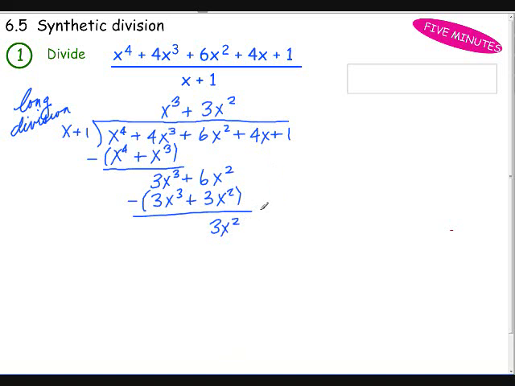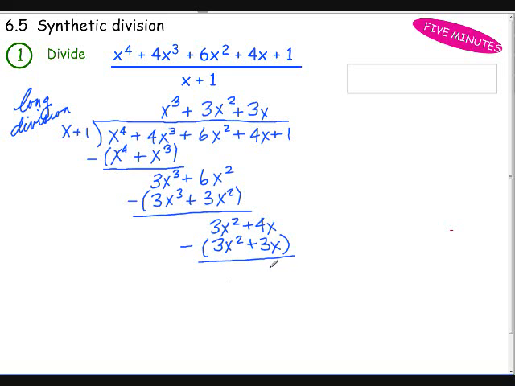I'm going to pull down the next, which is a positive 4x. My multiplier of x to get to 3x squared must be plus 3x. That'll give me positive 3x squared and a positive 3x, which I am going to subtract.